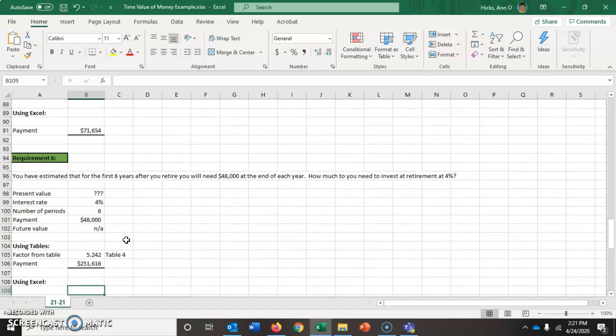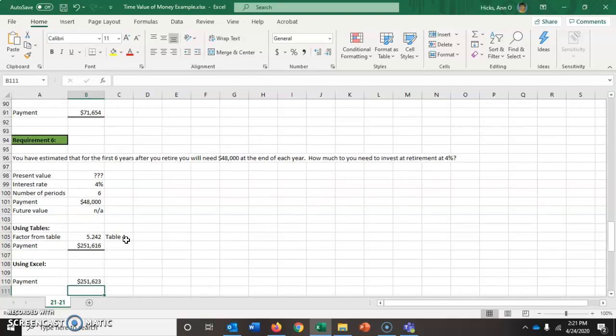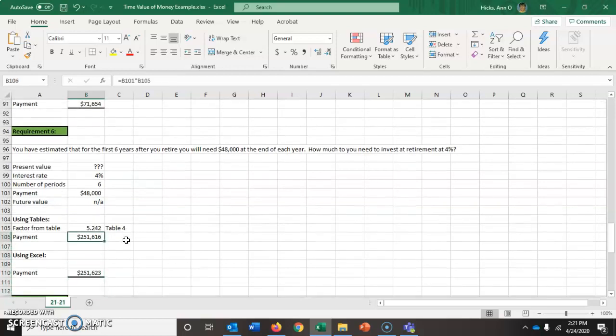The next example, we're actually going to solve for present value. I have payment here, but that's not the case. We have a situation in which we need $48,000 at the end of every year to live off for 6 years after we retire.